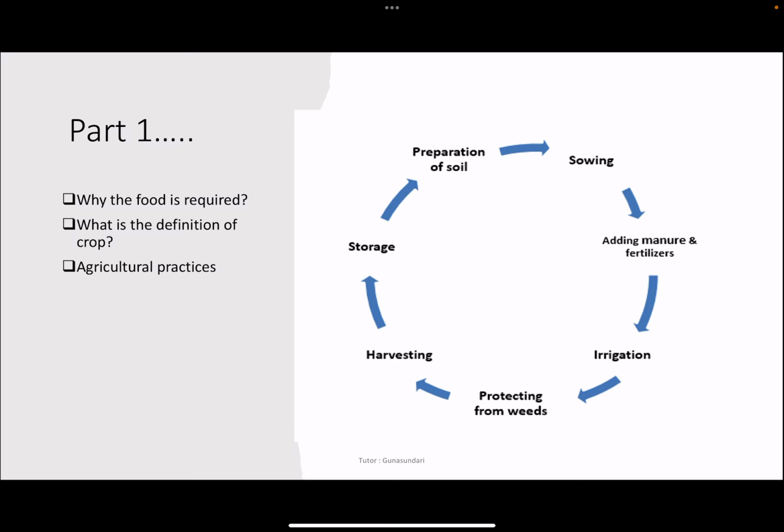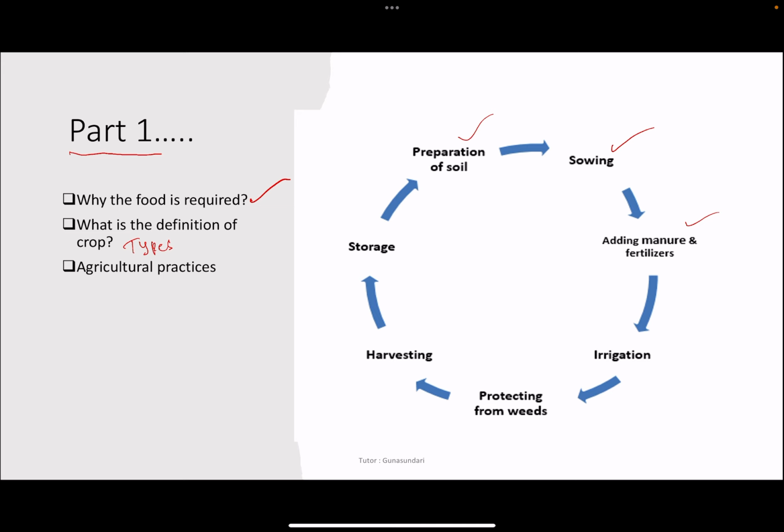Before proceeding to today's topic, let me give a quick revision of the part 1 video. In part 1, I discussed why food is required, the definition of crops and their types, Kharif and Rabi crops, and agricultural practices like preparation of soil: ploughing, levelling, sowing, and adding manures and fertilizers.